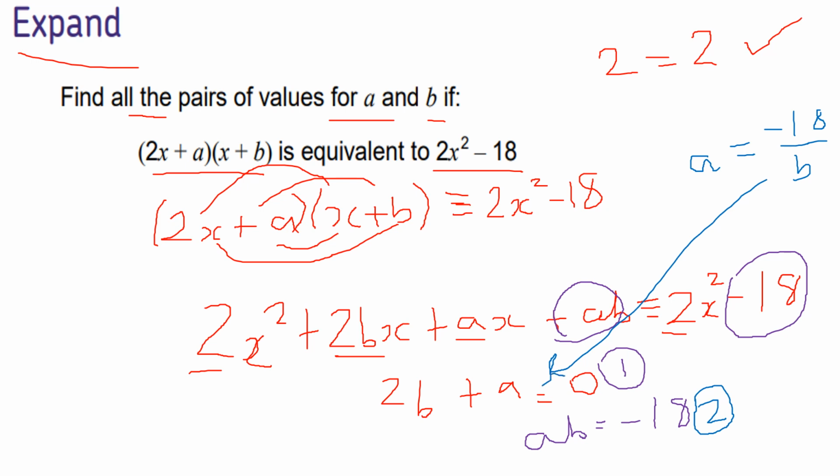So I'm going to have 2b plus minus 18 over b is equal to 0. I hope it's making sense so far.